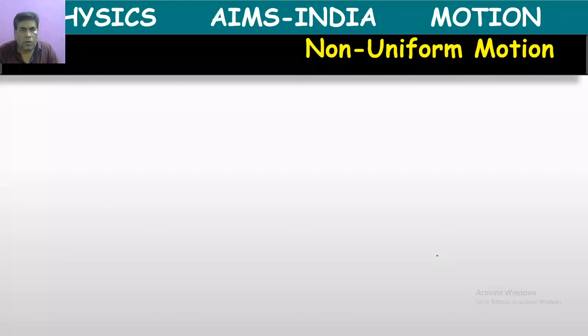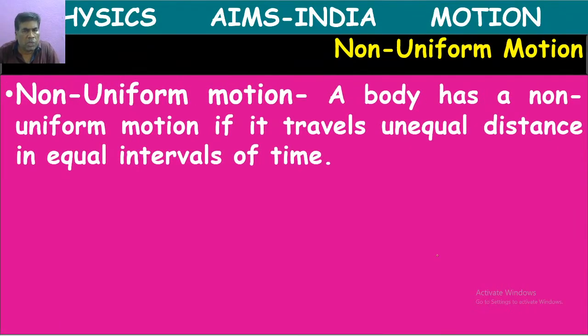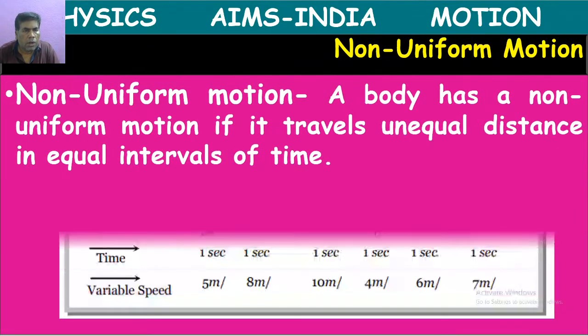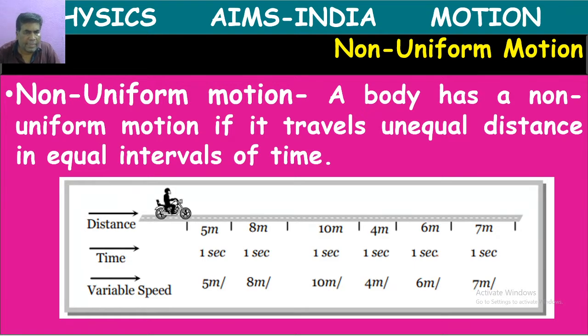Okay. So if you take non-uniform motion, like this example, here the bike is traveling: in 1 second, 5 meters. After 1 second, 8 meters. After 1 second, 10 meters. After 1 second, 4 meters. After 1 second, 6 meters. After 1 second, 7 meters.